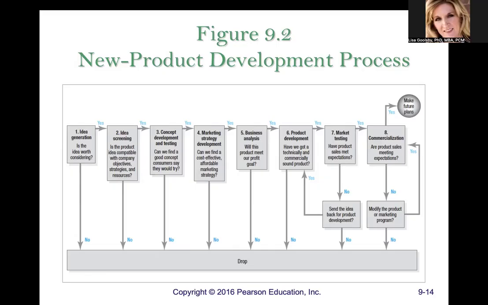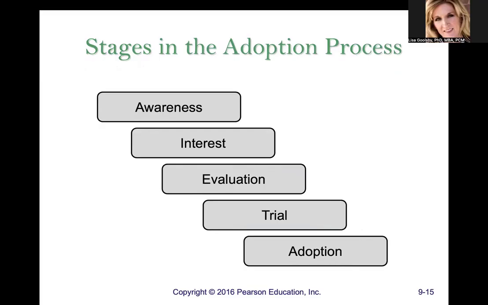So this is the stage of new product development, how things flow in most organizations and most companies. We, on the other hand, as consumers, that tells you how products get made. How do we as consumers adopt products? So every single product that we look at has to go through this adoption stage.